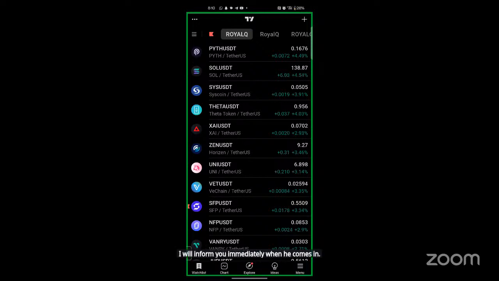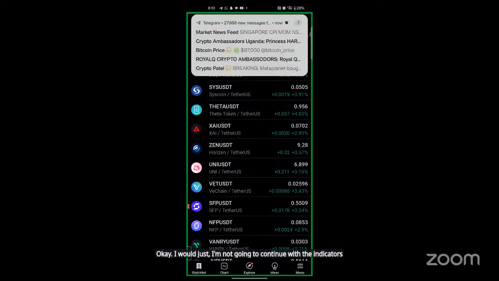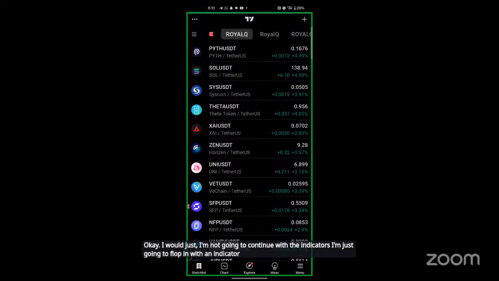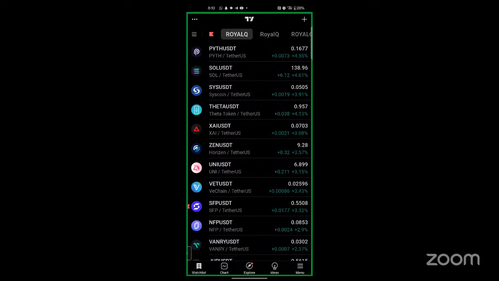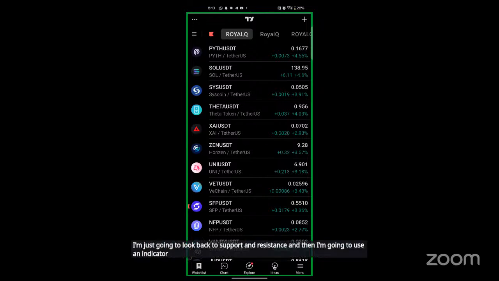Okay. I'm not going to continue with the indicators. I'm just going to flop in with an indicator, but I'm going to use it in a different way. I'm just going to flop back to support and resistance, and then I'm going to use an indicator that I'm going to share with you that would help you a lot when it comes to support and resistance.